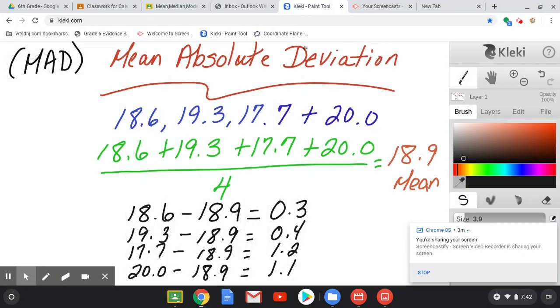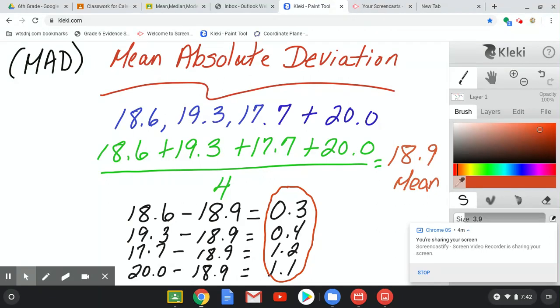Now, next step is to calculate my new mean with my new numbers. So now all I'm doing is I'm calculating my mean of these new values that I have here. And we know to calculate the mean, you're going to add up all of your numbers, divide by how many numbers you have. All right, so I'm going to do that over here.